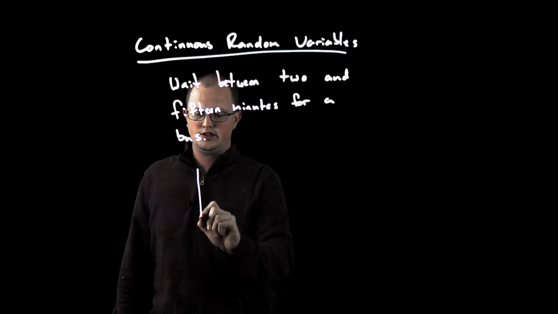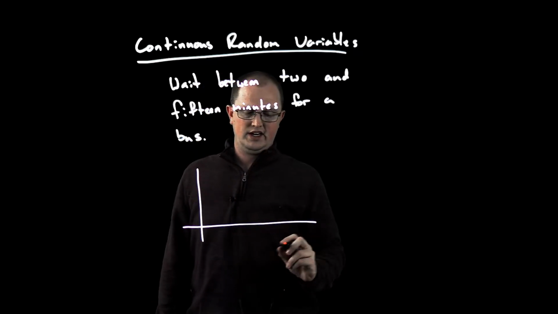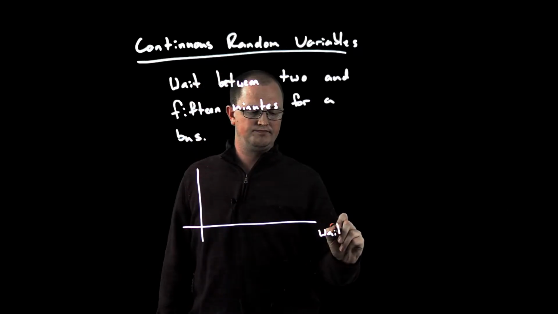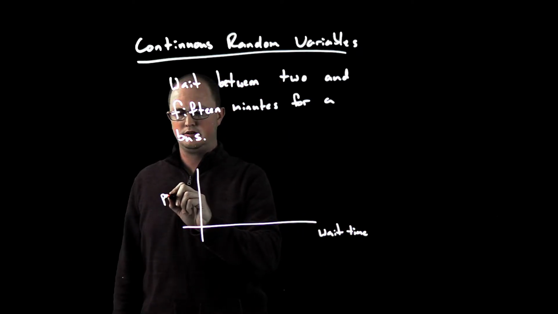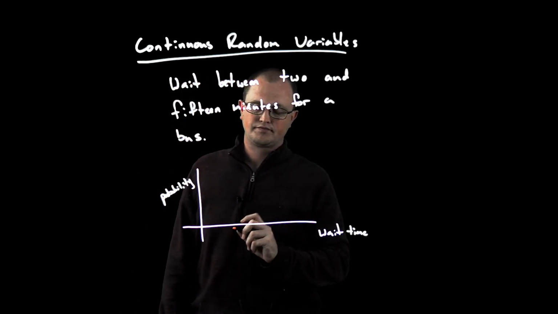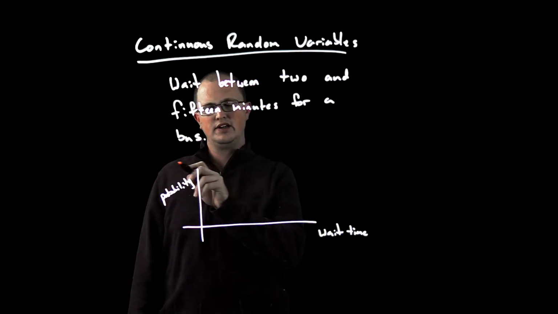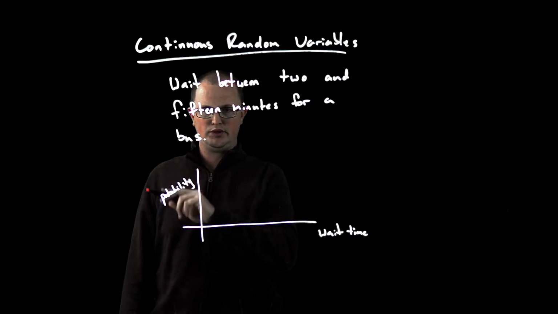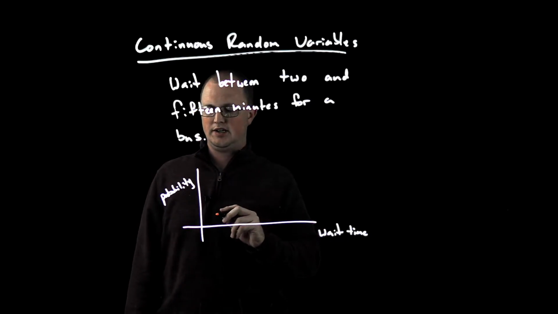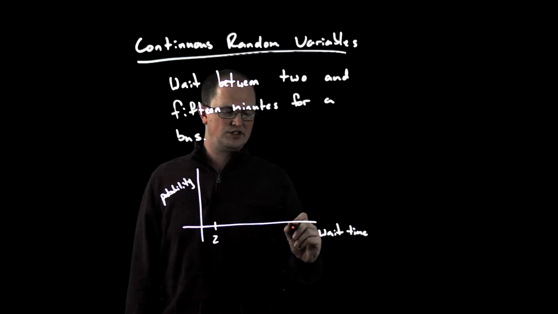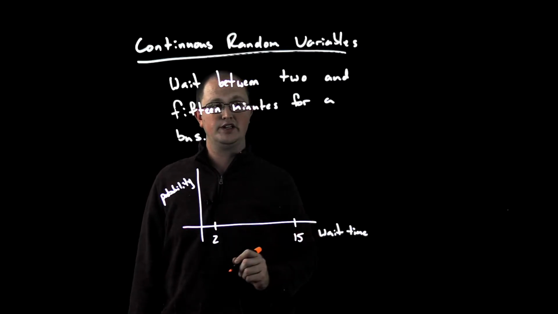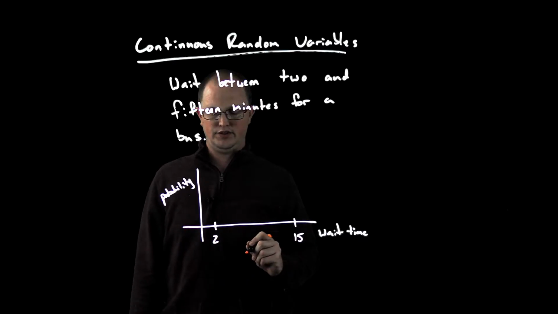So let's consider a graph, and let this be wait time, and let this be probability. And we're going to hand wave a little bit about what this probability part over here means for now. And so let's say that we've got 2 to 15 minutes over here, and that all of those are equally likely.